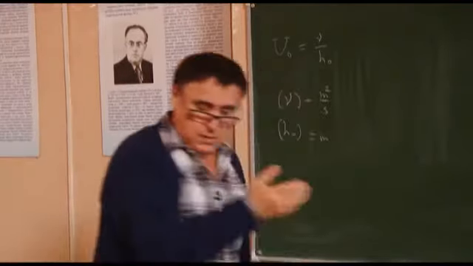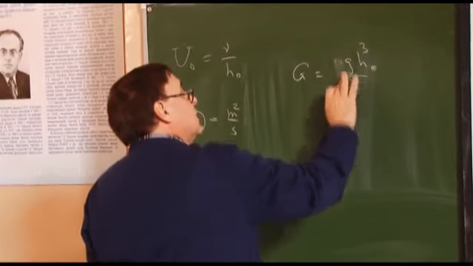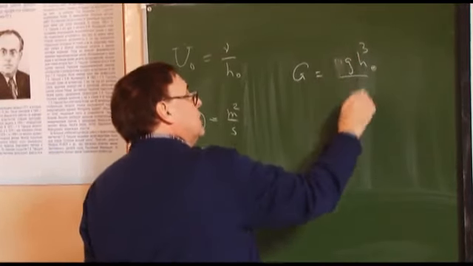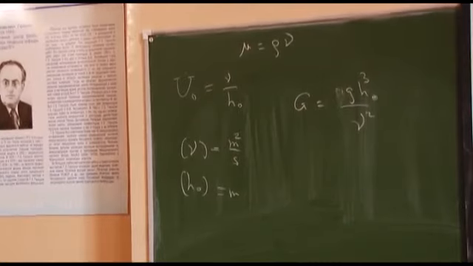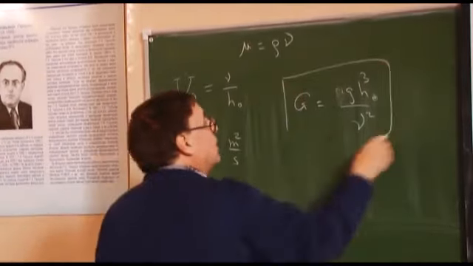If you choose this typical velocity, then G will be rho g H0 cubed divided by nu squared, because mu is actually rho times nu. Rho is the density, nu is the kinematic viscosity, and mu is the dynamic viscosity of the fluid.